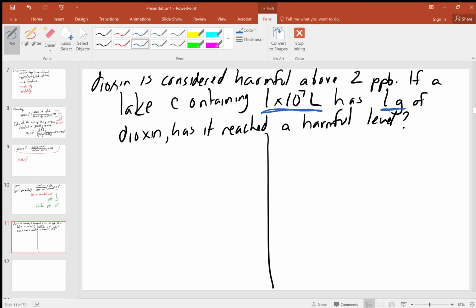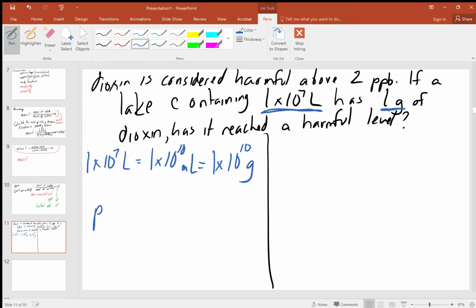So we're going to need to convert one of those. Now, we can't convert the dioxin as a solid. We don't know its density, but water we can. 1 times 10 to the 7 liters is 1 times 10 to the 10th milliliters, which equals 1 times 10 to the 10 grams.